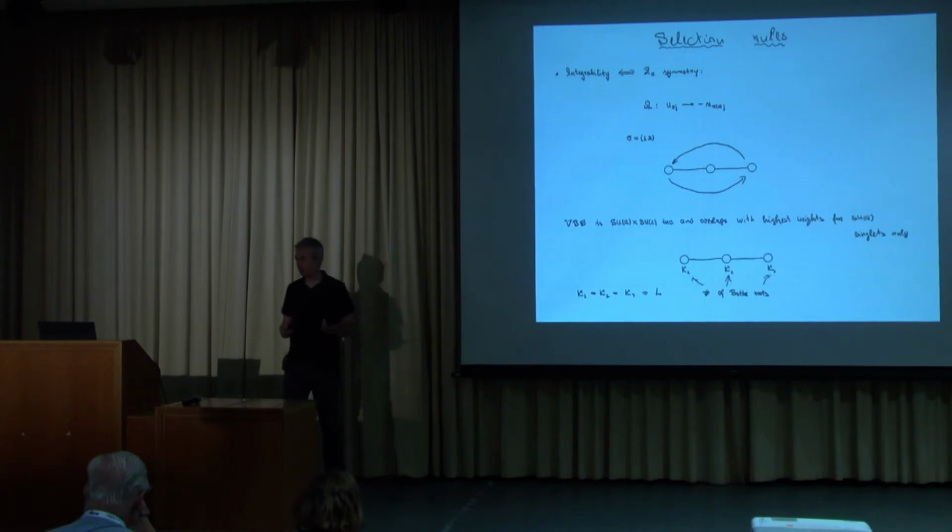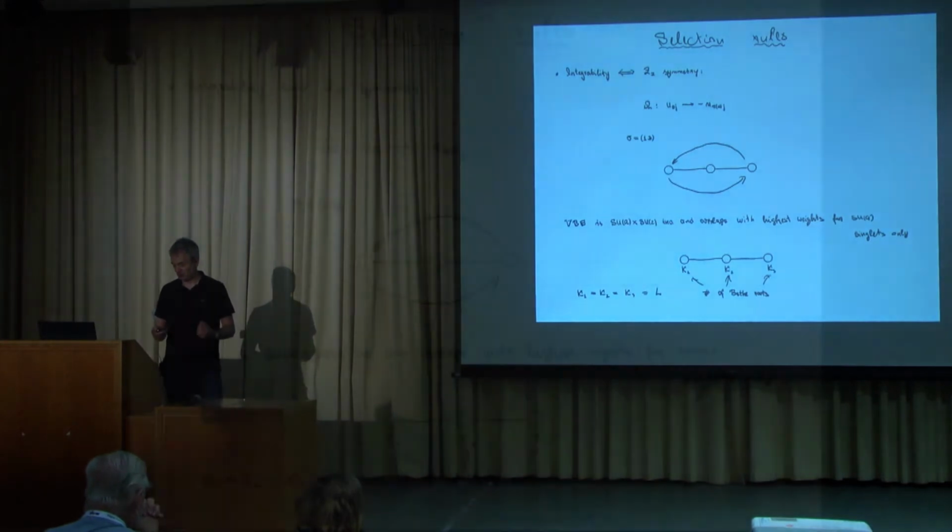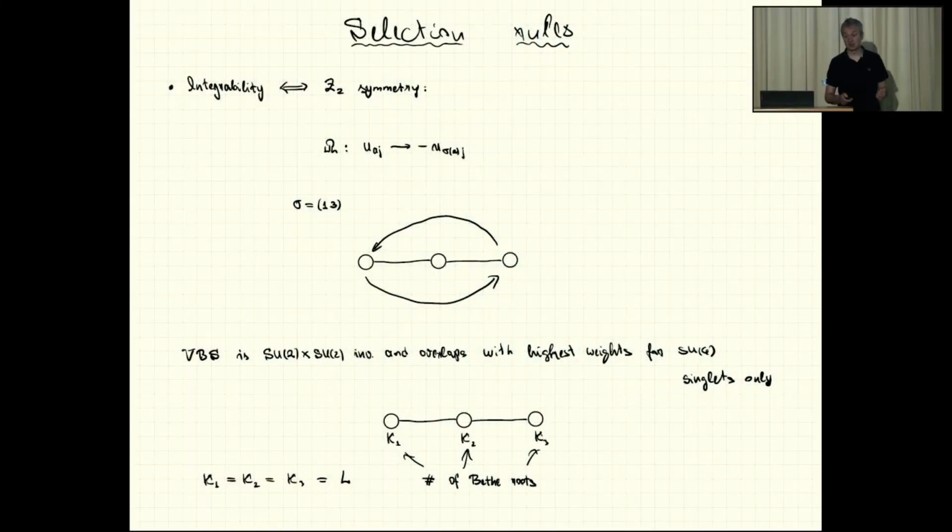So first of all, there are some selection rules that follow from obvious symmetries. One symmetry is this reflection Z2, that's a hallmark of integrability, and here this Z2 acts in a bit non-trivial way on the Dynkin diagram, so it not only reflects the rapidities, but it also interchanges the Dynkin labels.